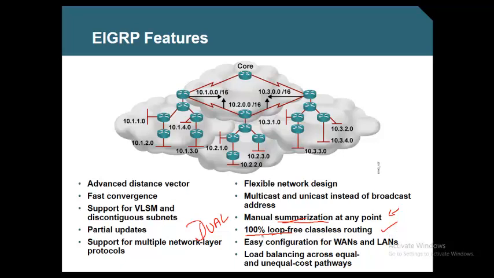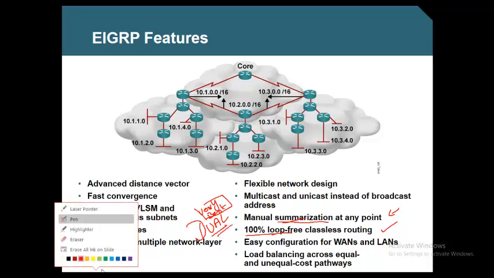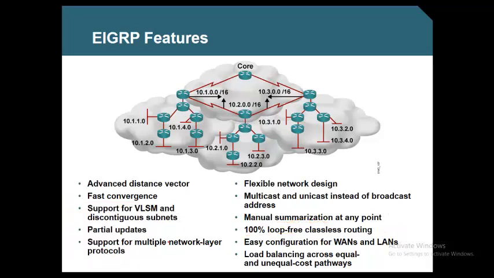Not only that, it is the same protocol's responsibility to pick the very best path. There may be many paths. If you want the very best path, you need the DUAL algorithm, the diffusing update algorithm.